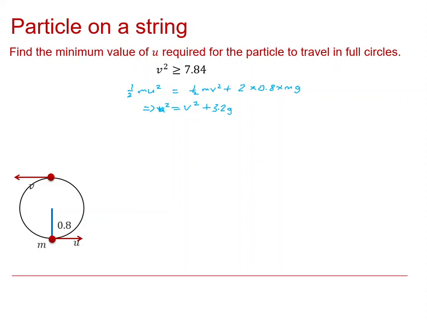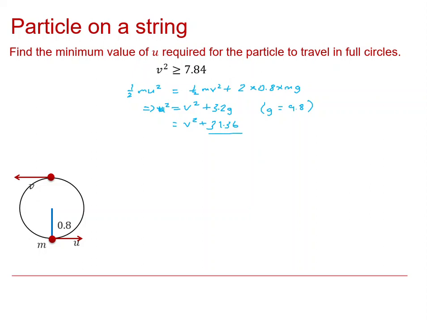So we can turn that into numbers using g as 9.8. So we'll end up with v squared plus, it turns out to be 31.36. Now that should look familiar.